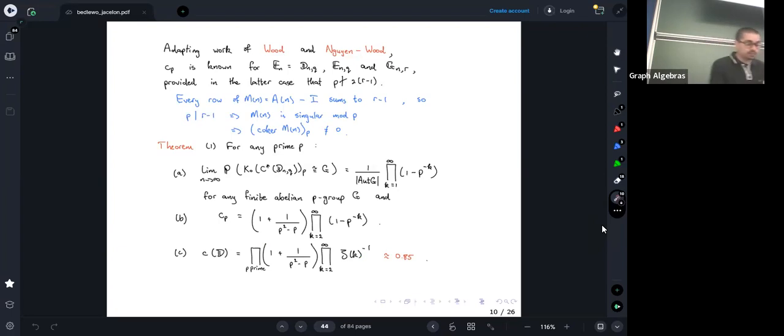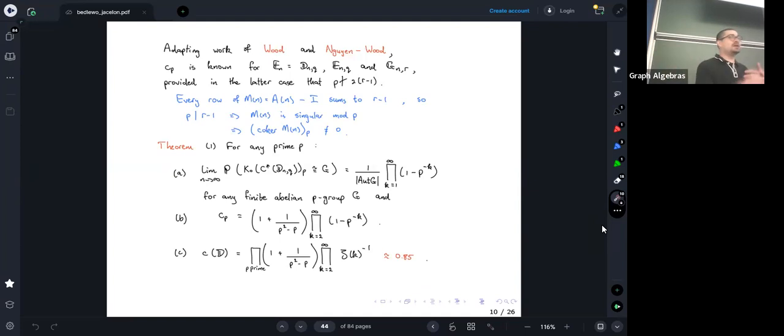They managed to prove this. So this expression in part C is just the product of this expression in part B over all primes, and it turns out to be about 85%. So that's the answer to the question posed at the beginning for these Bernoulli digraphs. 85%.